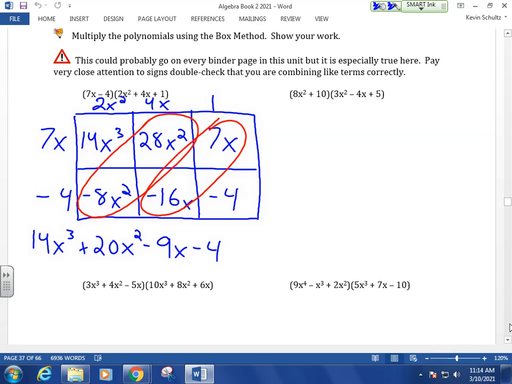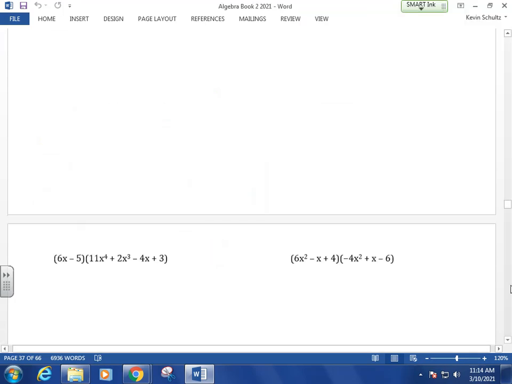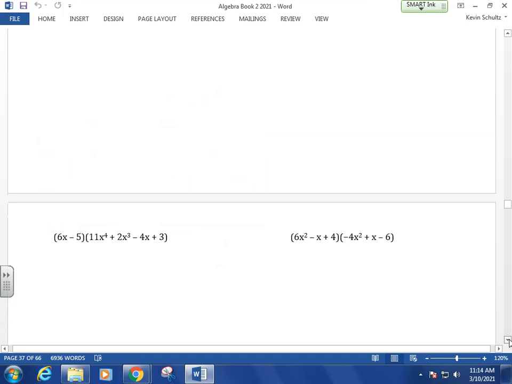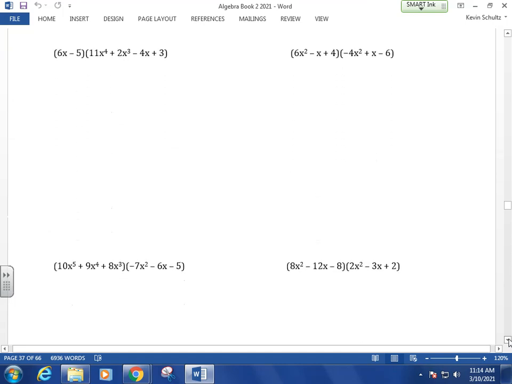So we'll go over one other one together, any from this page or the next page. Is there one that looks particularly worthy of doing today in class? On the second page, it's 6x minus 5. So this one, we've got a 2x4, a binomial times a polynomial. So I'm going to make a 2x4 box.